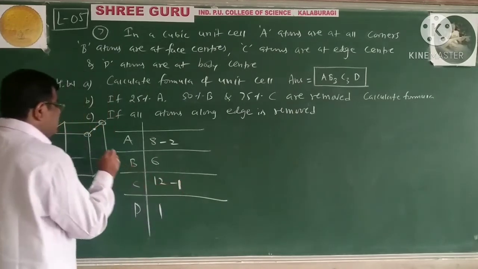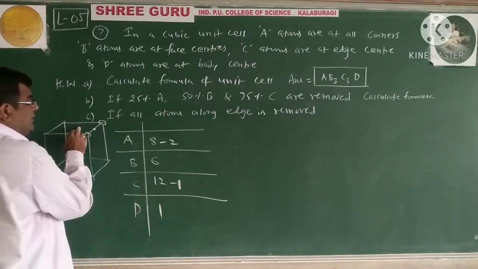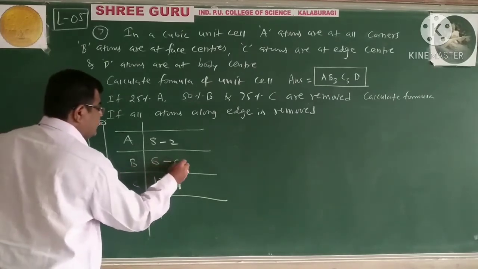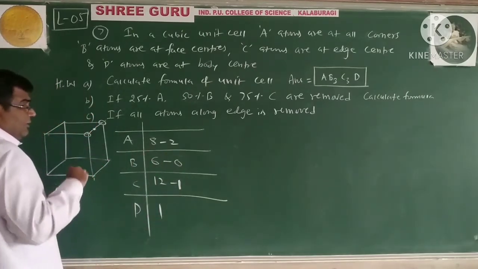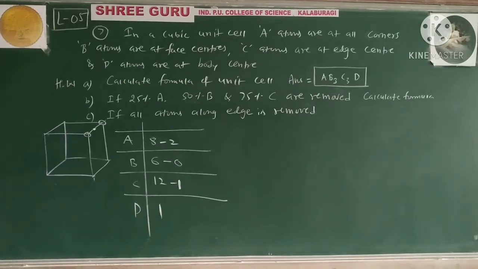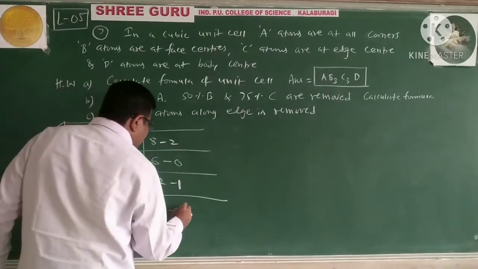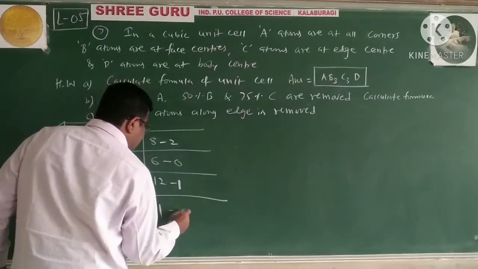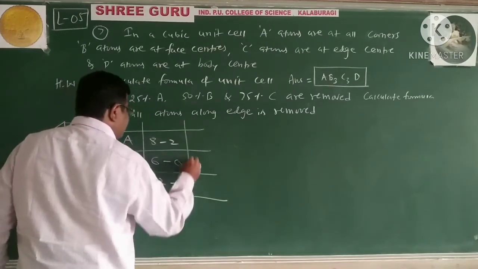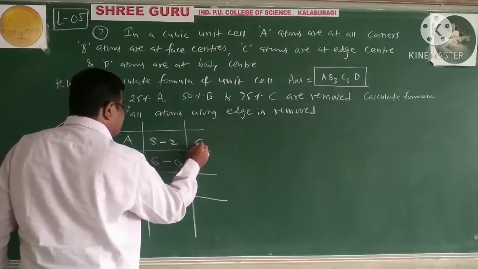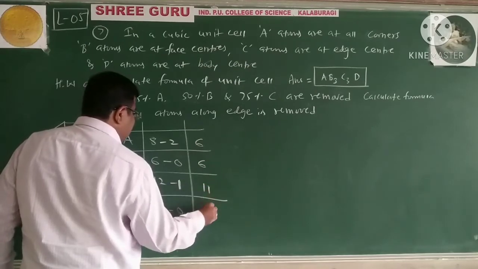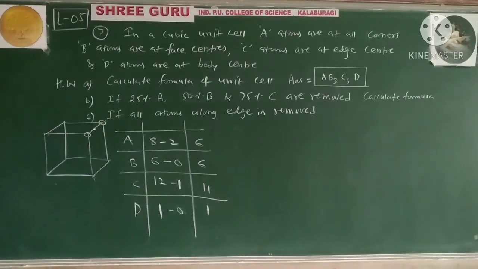No atoms are involved in the face center, which is B here, so there is no need to remove it. As well, no atom of D has been removed, so it also has to be 0. So 6, 6, 11 and 1 is the formula for this.